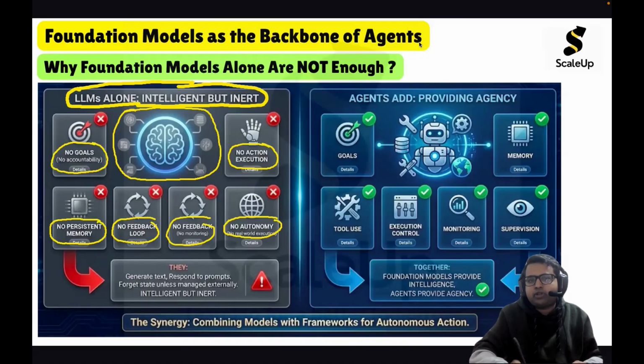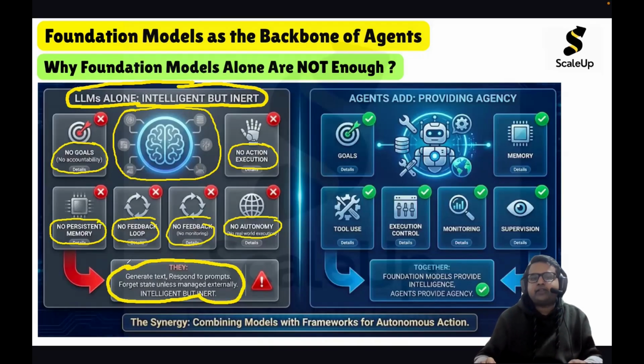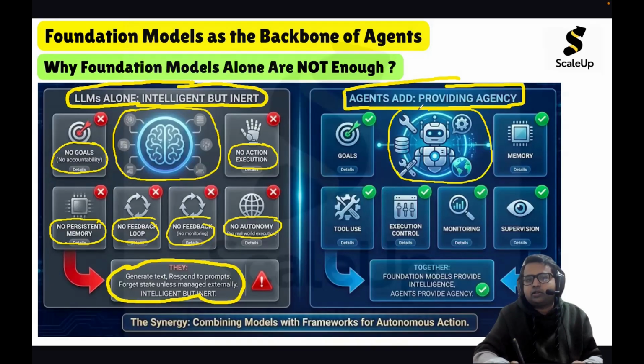Large language models can generate text and respond to prompts, but they forget the state unless it is managed externally. So they are intelligent but inert. But agents provide agency. We know that an agent is goal driven.